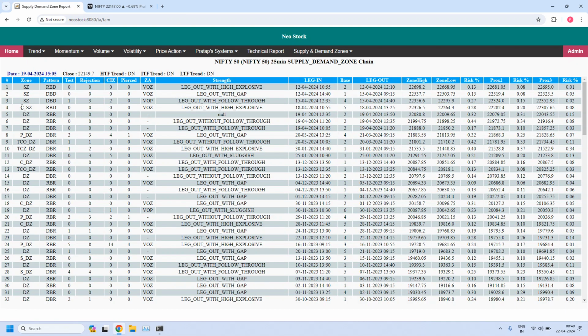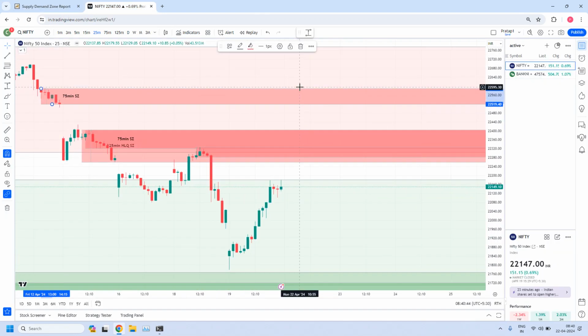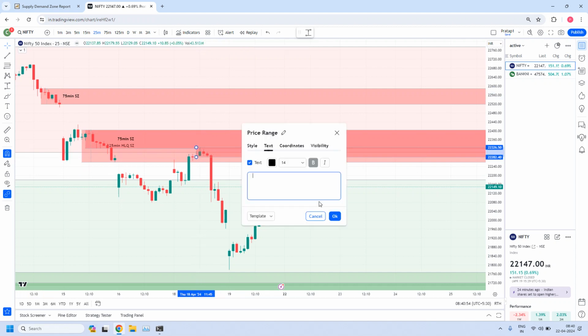Okay, here we have a high liquidity supply zone. 18.4, 10.55, 1, 2, 3, 4. So this is also not only 75, this is a 25 minutes high liquidity supply zone.